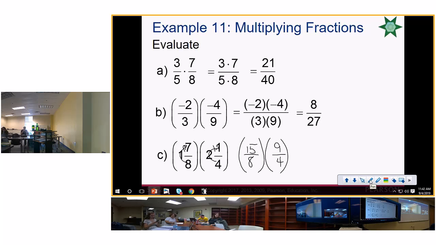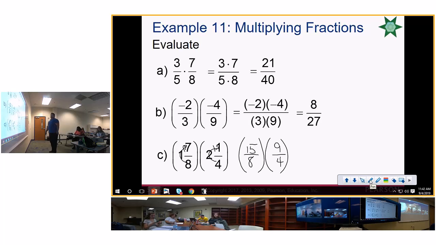Okay, can anything cancel? 8 and 9 have nothing in common, 4, no. So straight across. 15 times 9, well that's a 45 and a 1, 3. And 8 times 4 is what? 32. Now I know 4 times 3 is 12.